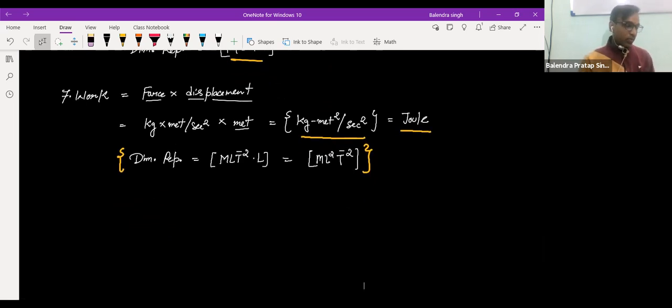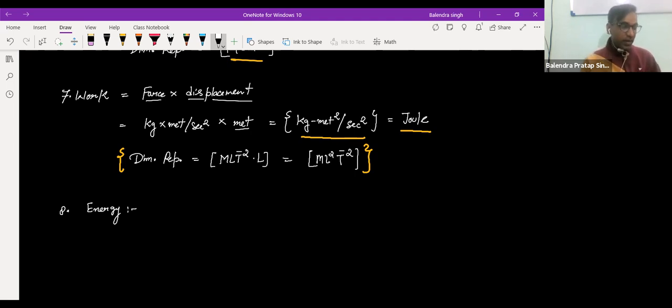Next after work, we are going to energy. We can also find the dimensional representation for energy, such as kinetic energy or potential energy, but here I'm talking about energy in general.